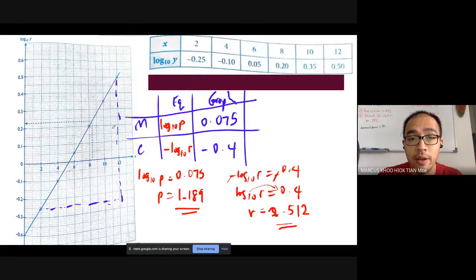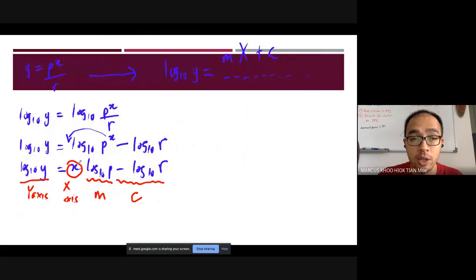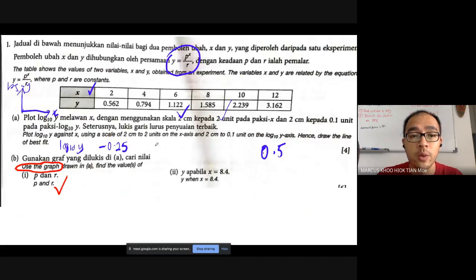We calculate values from the graph and then equate them with the equation. Many people will substitute the values of y and x and do simultaneous equations, which you can do, but unfortunately you're not following the instruction of the question. That's very sad, because the most basic skill every student should have is to answer the question. If you do your own method but don't answer the question, there's no point because you won't get any marks.